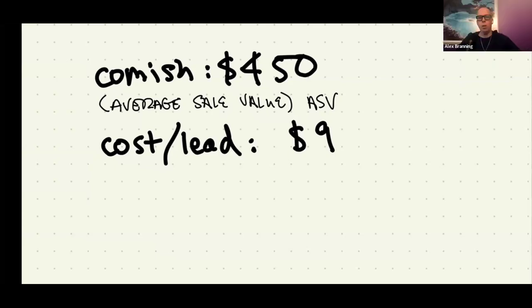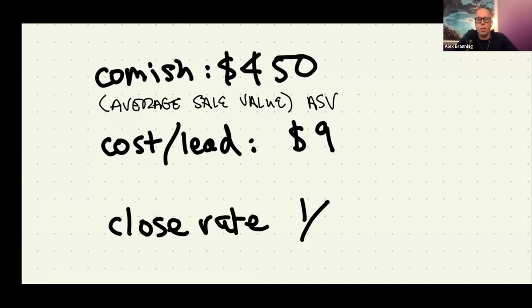Perfect. So let's assume for the sake of the conversation that Sean is able to turn 1 out of 6 leads into an appointment. We're going with real low conversion numbers here, but I want to show you the math. So 1 out of 6 we'll call the appointment rate.